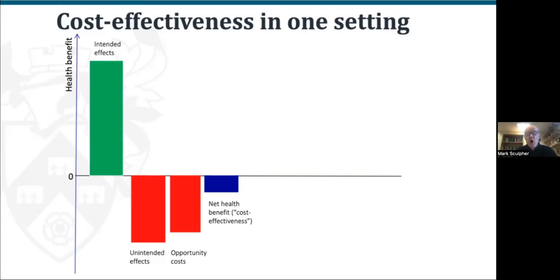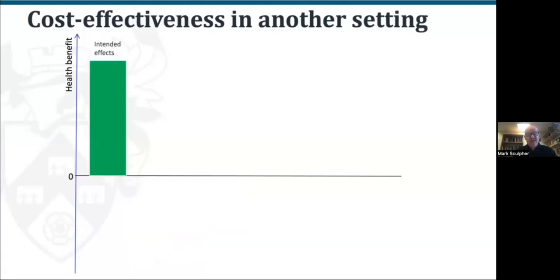The key thing is, though, the opportunity cost will vary significantly by healthcare system. For example, in a relatively low income setting, where the financial constraints, the budget constraints, if you like, are much more severe, then if we are considering funding a new treatment for a particular patient group, any additional costs of that new treatment will have more significant opportunity costs in low income settings because the constraint on the budget is more severe.